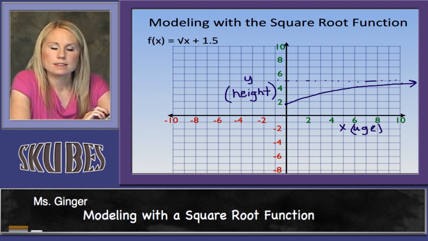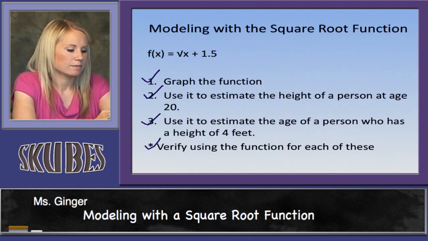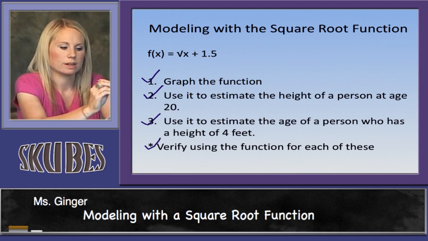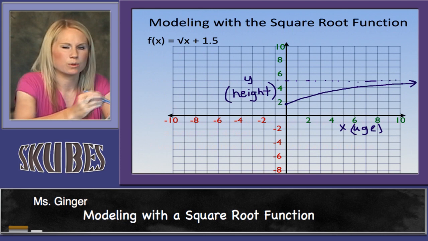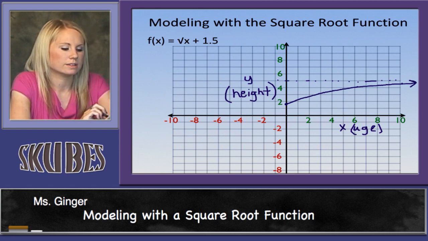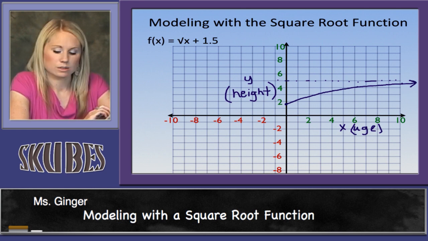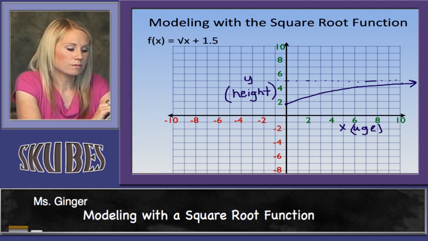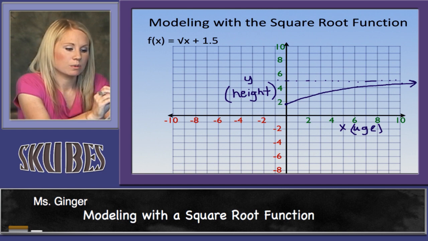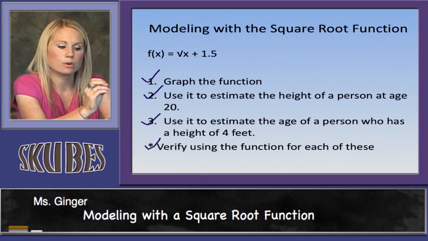So to estimate the height of a person at age 20, we're going to look at the y-axis and see where we think it might be out at age 20 on the x. It's looking like I might say 5 because it's leveling off there, maybe 6. We'll find that algebraically in just a minute to see if that's true. Then we also wanted to estimate the age of a person who has a height of 4.